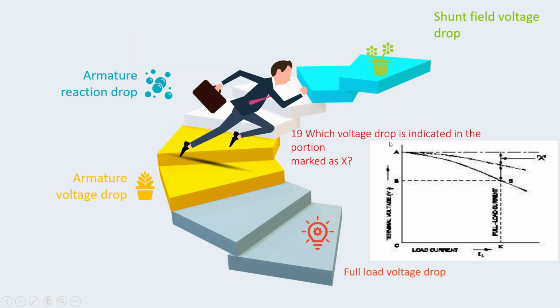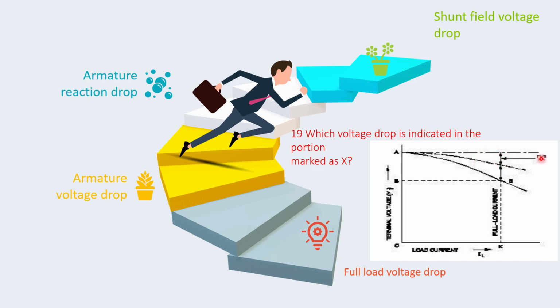Which voltage drop is indicated in the portion marked as X? Okay, so friends, this is the characteristic curve. In this characteristic curve, this is the flat curve. Then the voltage is dropped. So what is the name of this drop between the flat and the drop?